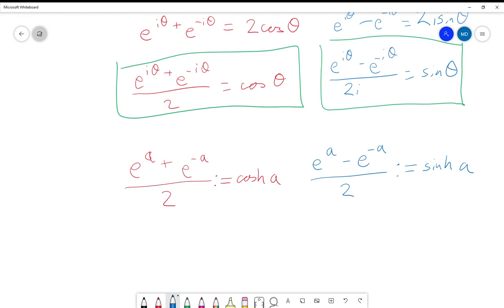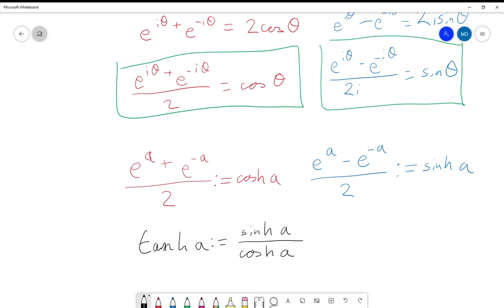And equally, how are we going to do our hyperbolic tangent? Well, our hyperbolic tangent, written as tanh a, is defined to be hyperbolic sine over hyperbolic cosine. And these are our hyperbolic functions by definition, or at least the definition we're using currently.